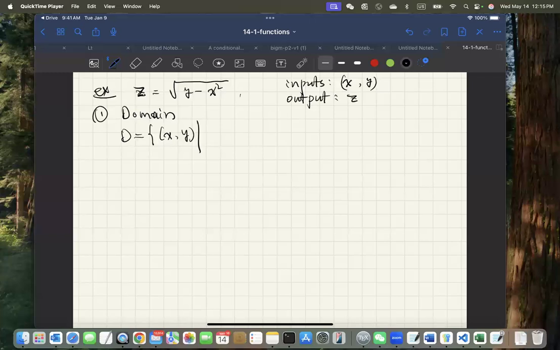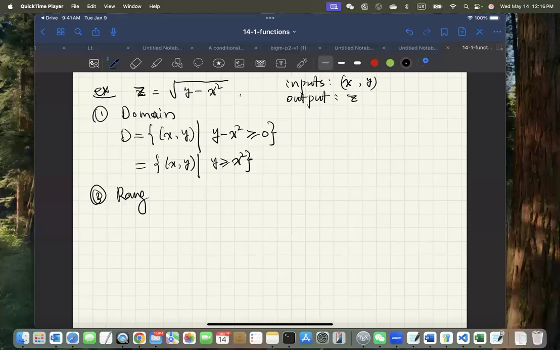So we count how many input variables, x and y, then it is a two-variable function. Because this is a square root, we don't allow y minus x squared to take negative numbers, so it is greater than or equal to 0. Or you can rewrite this as y greater than or equal to x squared.